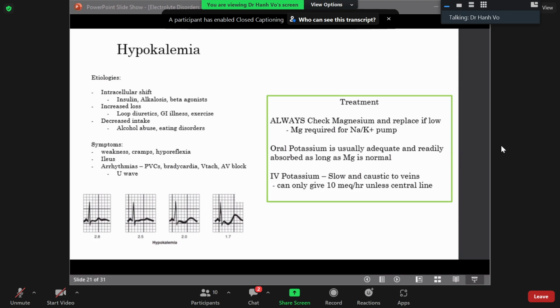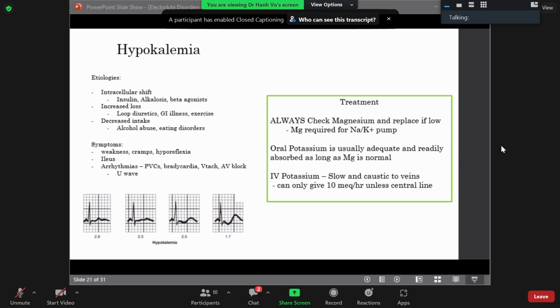For the treatment, always check the magnesium and replace it, because magnesium is required for the sodium and potassium pump. When potassium is below 3, or when the individual has symptoms, we will give potassium chloride by IV.